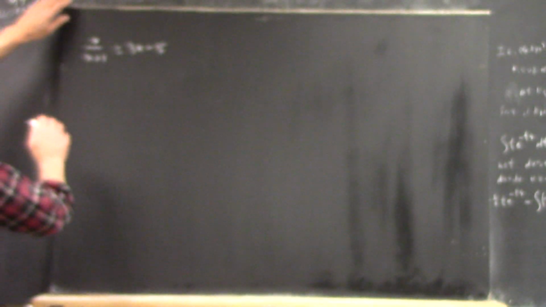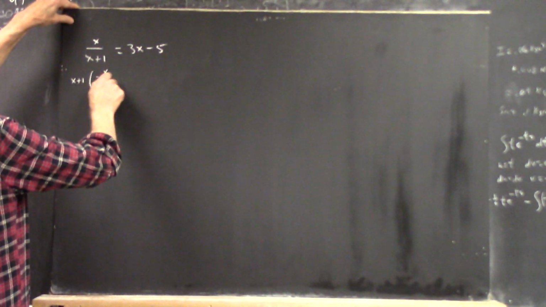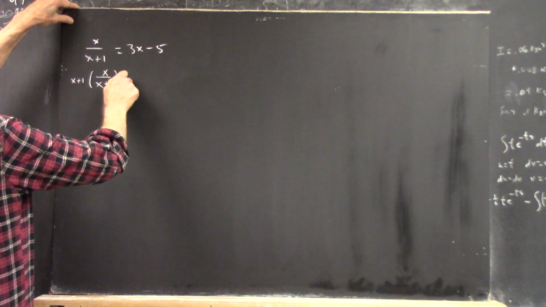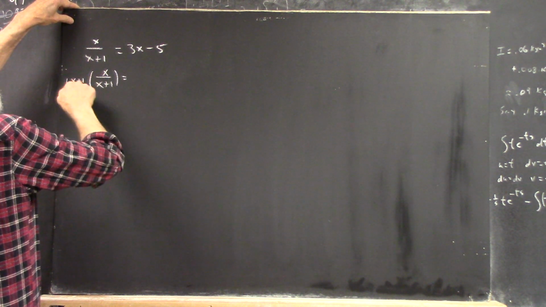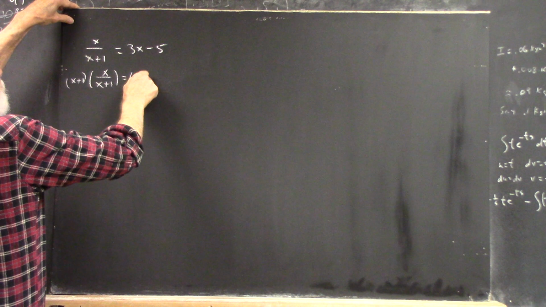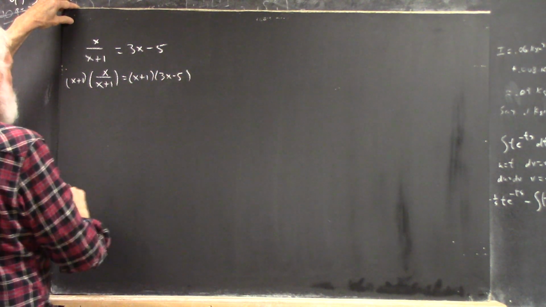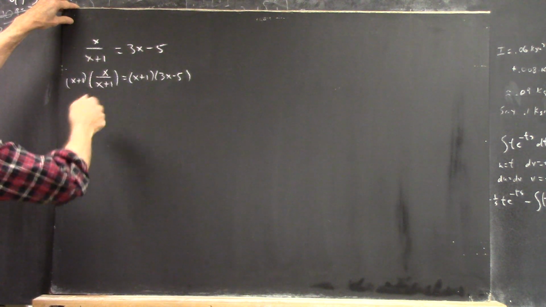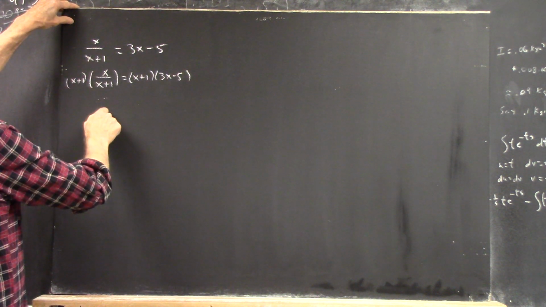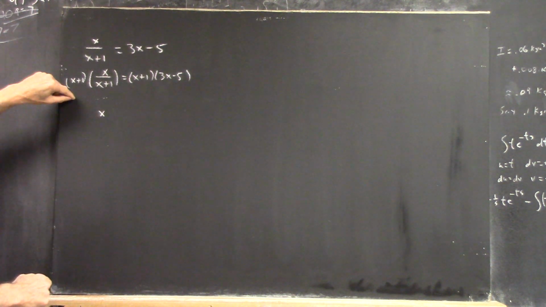But now you do the fraction stuff. It's x plus 1 over 1 times x over x plus 1.